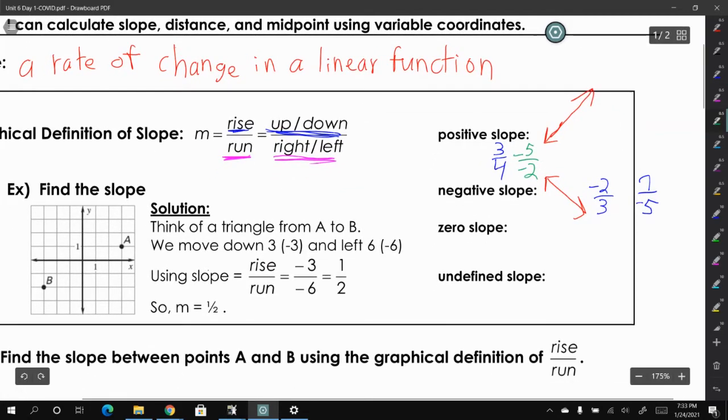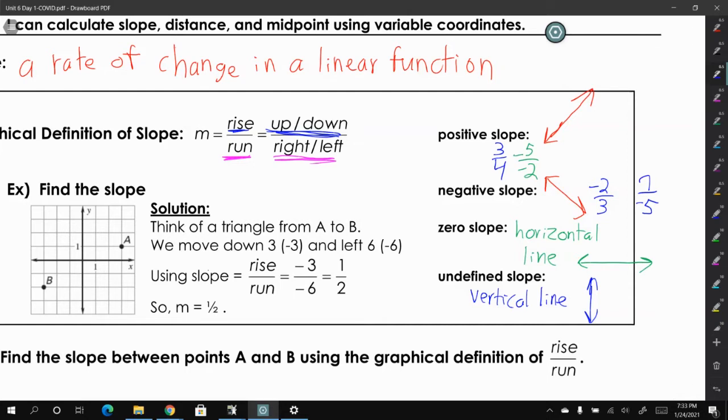A zero slope is a horizontal line. So that goes horizontally. And an undefined slope is a vertical line going up and down.